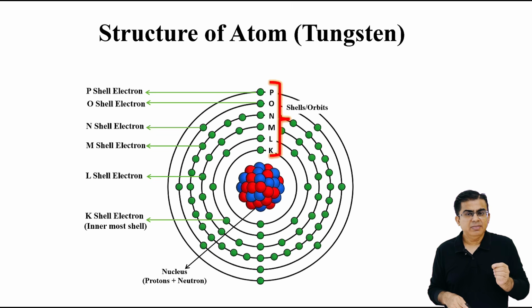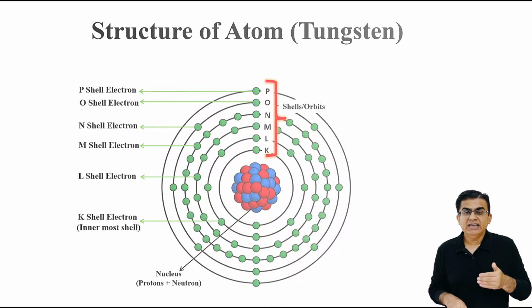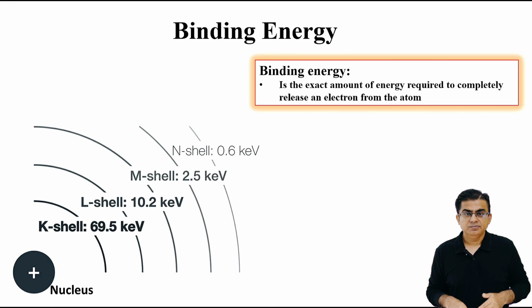This specific microscopic process completely ignores the central nucleus. In my upcoming slides, I will show you exactly what happens when our incoming high-speed electron collides directly with one of these tightly bound inner electrons.